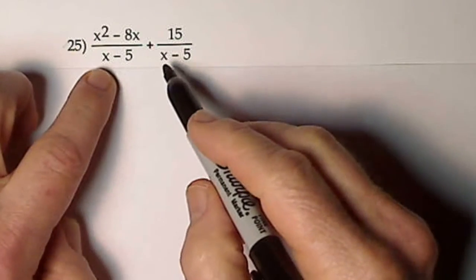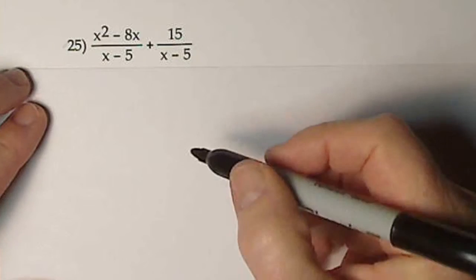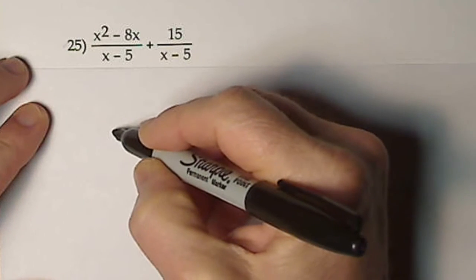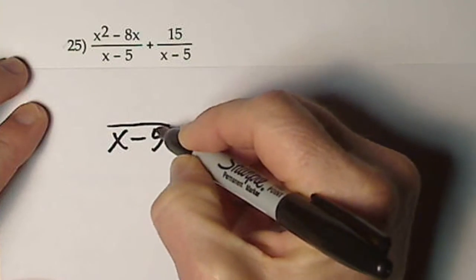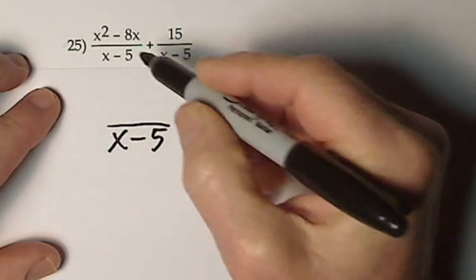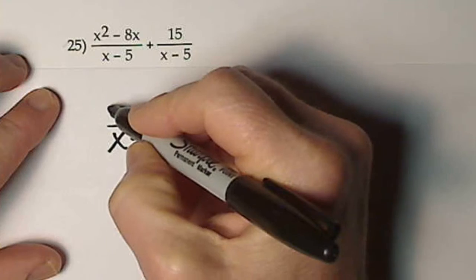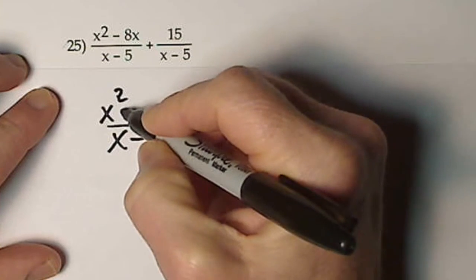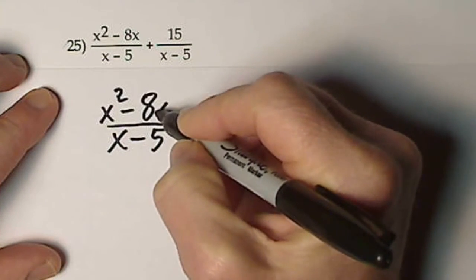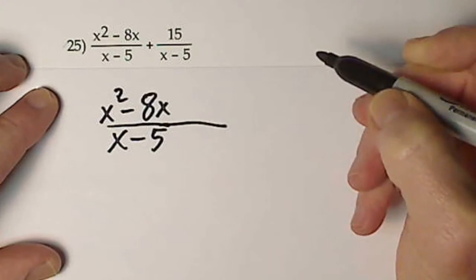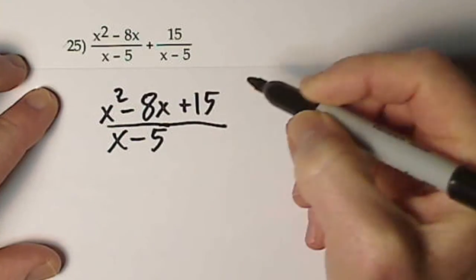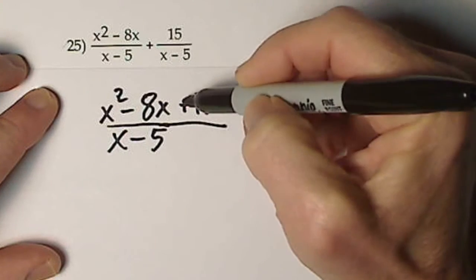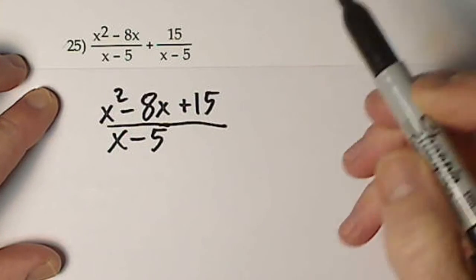All right, we have common denominator of x minus 5 and x minus 5. In the numerators we have x squared minus 8x, and then plus 15. This plus is sitting right here, okay?